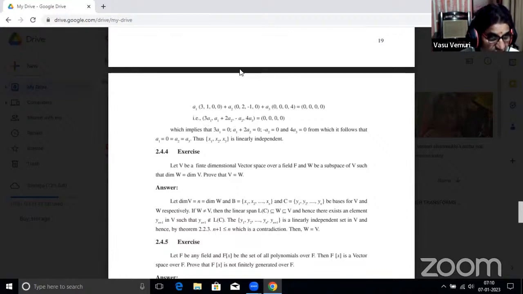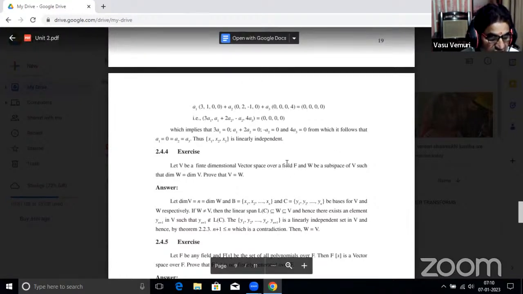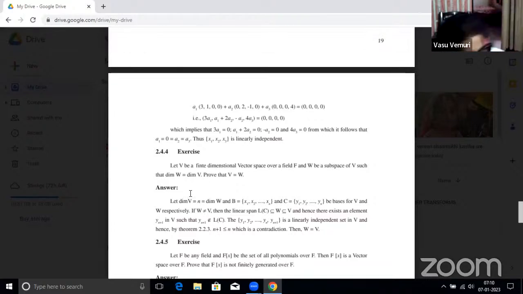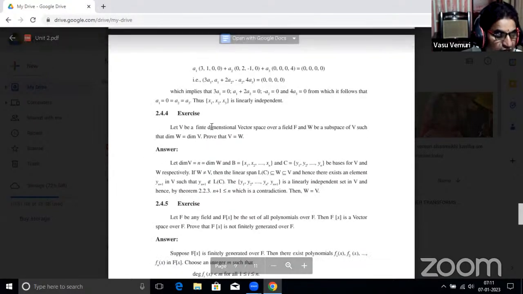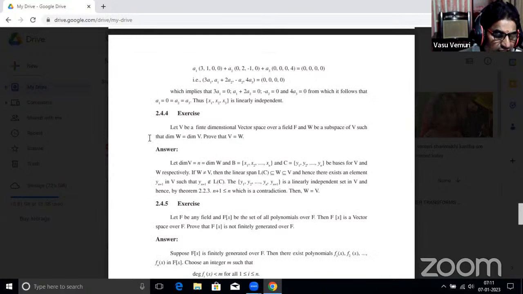To find the determinant: when the determinant is not equal to 0, the given set of vectors is linearly independent. When the determinant is 0, the given set of vectors is linearly dependent. That is another method. It completely depends upon the rank of the matrix.